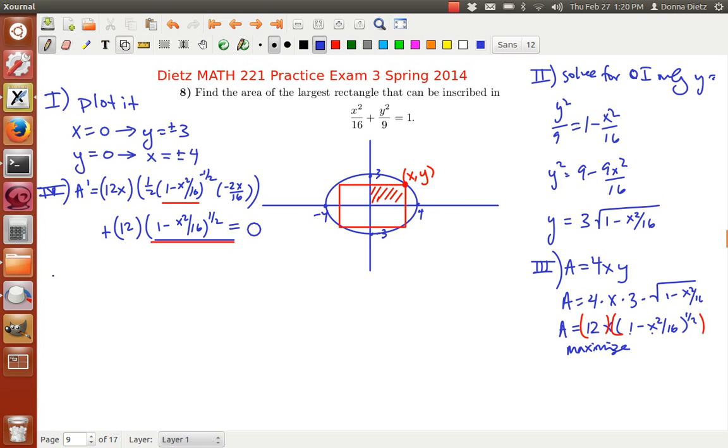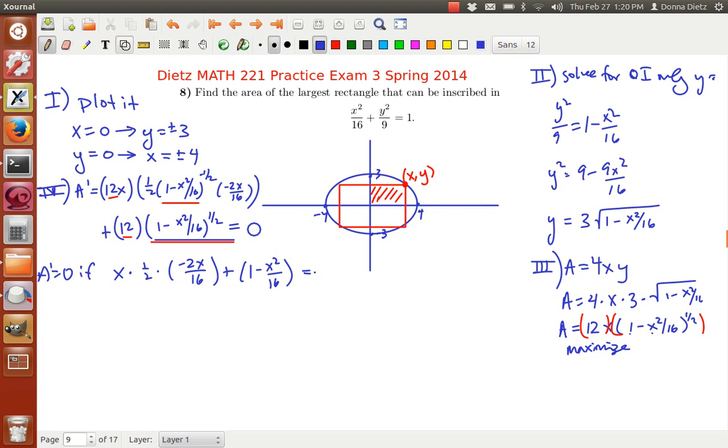So, let's see. I'm also going to get rid of these 12s while I'm at it. Okay, so A prime equals 0 if x times 1/2 times, so that piece disappears entirely, and then we have minus 2x over 16 plus 1 minus x squared over 16.